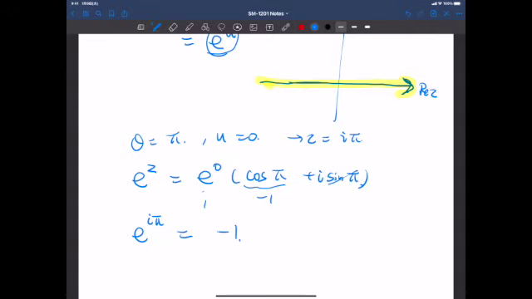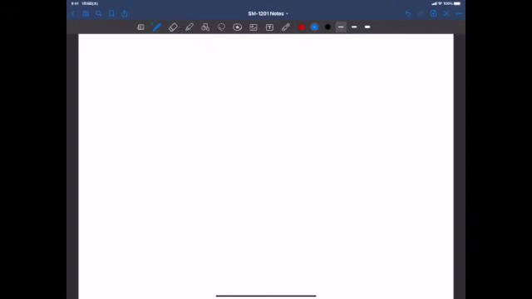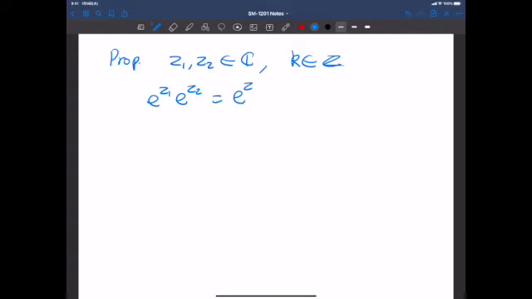Now let us prove further properties of the exponential function in the complex domain. So here's a proposition. Let's say z1 and z2 are complex numbers, and k is an integer. Then we have e to the power of z1 times e to the power of z2 is equal to e to the power of z1 plus z2.